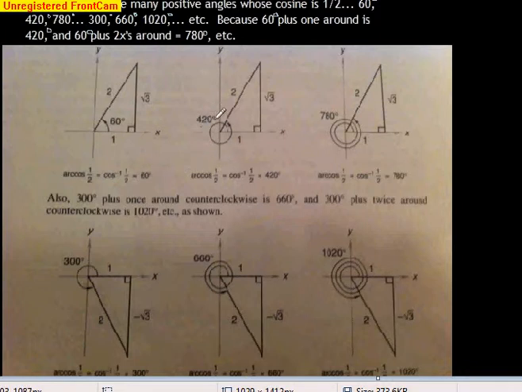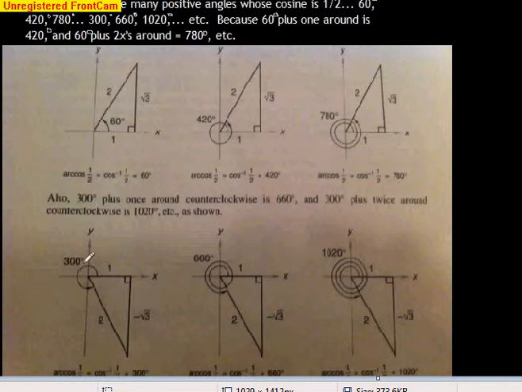And also, you could go around once and then another 60, and that would give us 420 degrees. The cosine of 420 is also 1/2. And if you go around twice, it could also be 780 degrees.